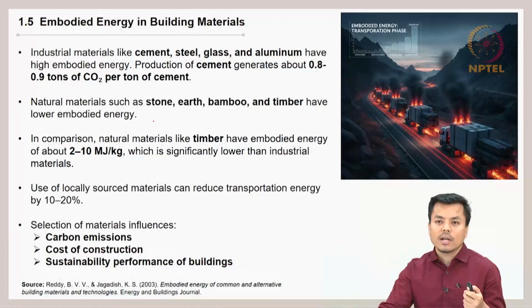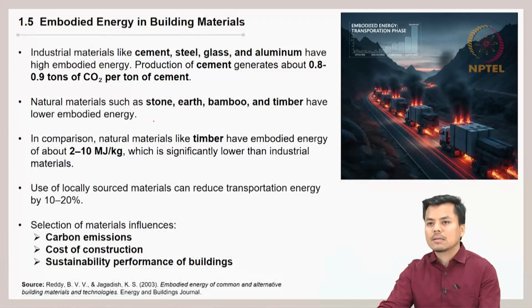With this you can understand how much carbon dioxide is produced due to the manufacturing of cement. Similarly for other materials like steel, glass, aluminium. This is why we have to minimize the use of such ultra processed material.